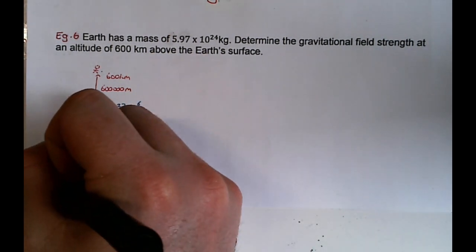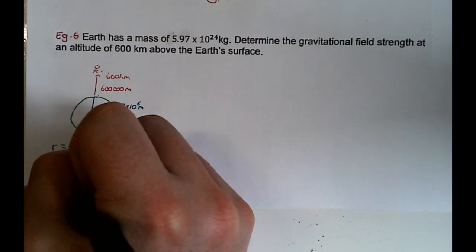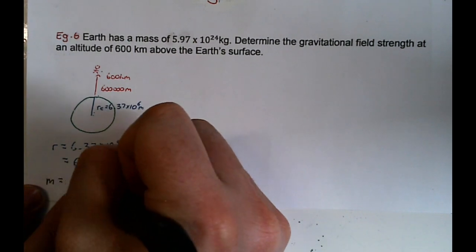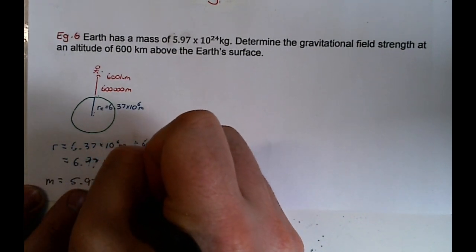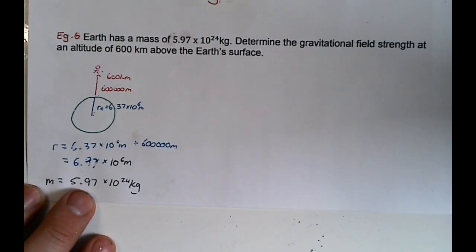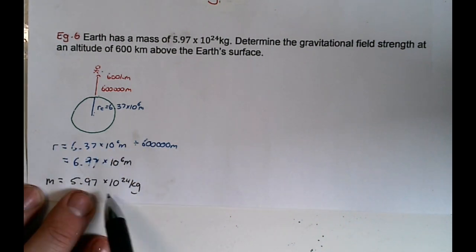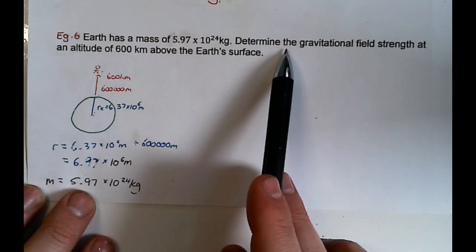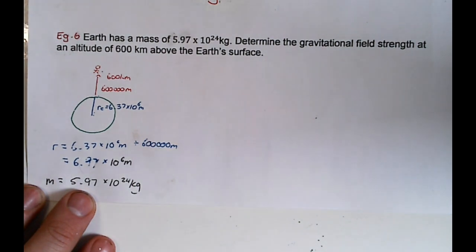We also know the Earth's mass is 5.97 times 10 to the 24 kilograms. Now we can determine the gravitational field strength 600 kilometers above the Earth's surface.